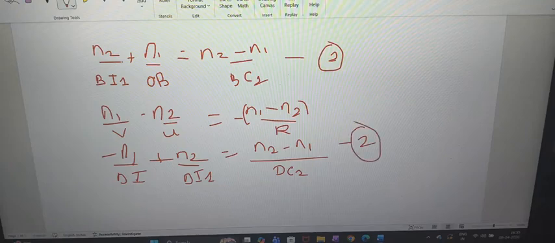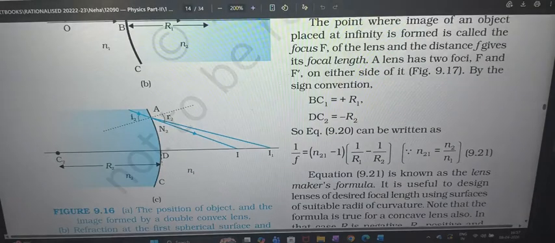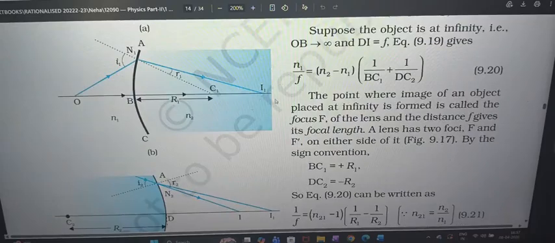If you look over here, n2, here also n2, di1 and bi1, both are same. bi1 is also like the object is forming the image, so it is image distance.